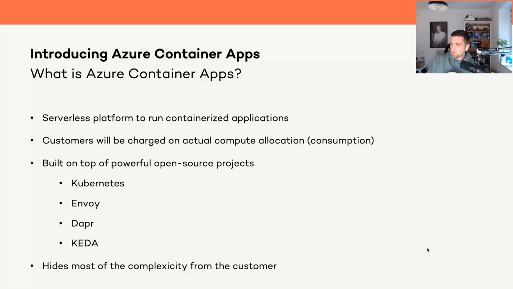So for example, let's say you have some kind of container that has to respond to events or to messages being populated to a message queue, then KEDA allows you to define thresholds when Kubernetes should start scaling out that component to deal with a higher load. And if the load drops on a message queue, KEDA can automatically instruct Kubernetes to scale in again, so that we don't mess around with compute resources.